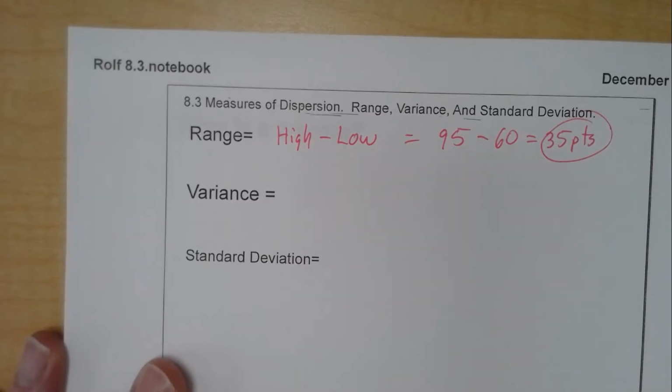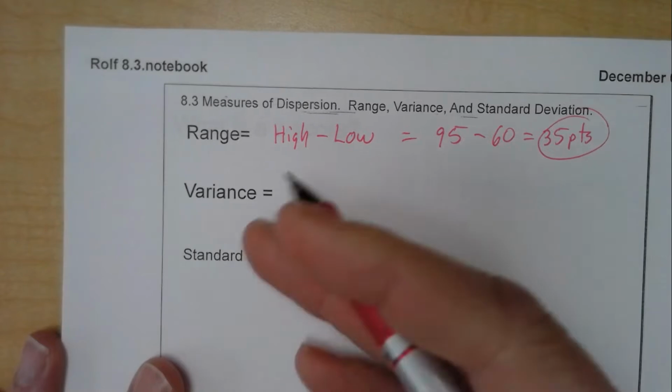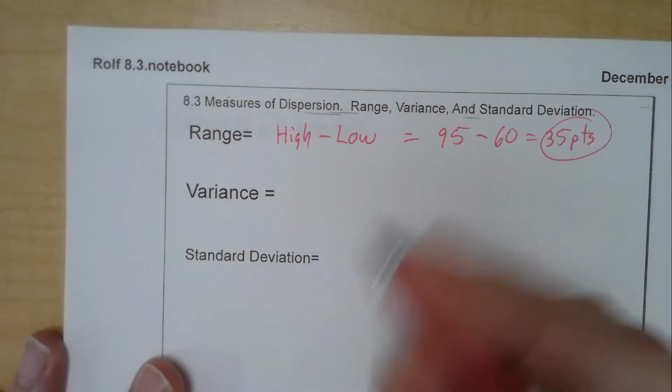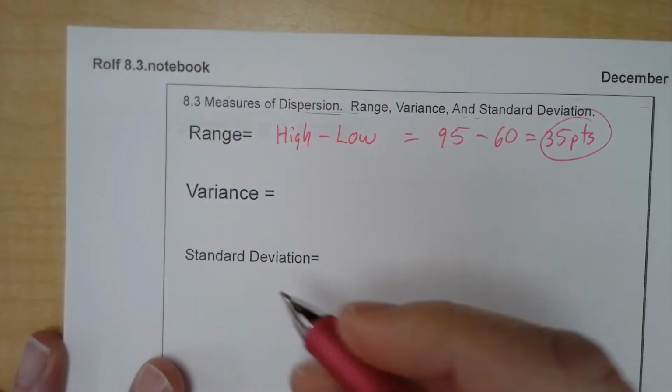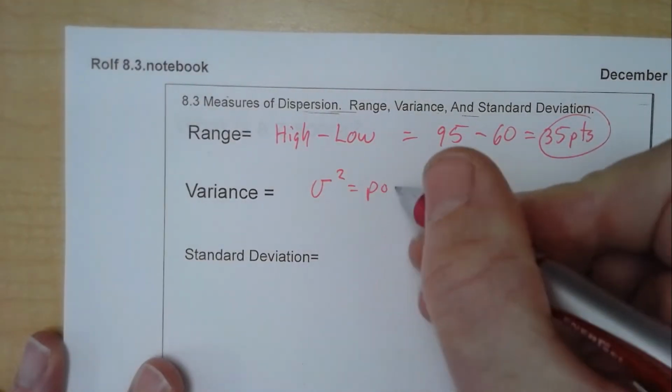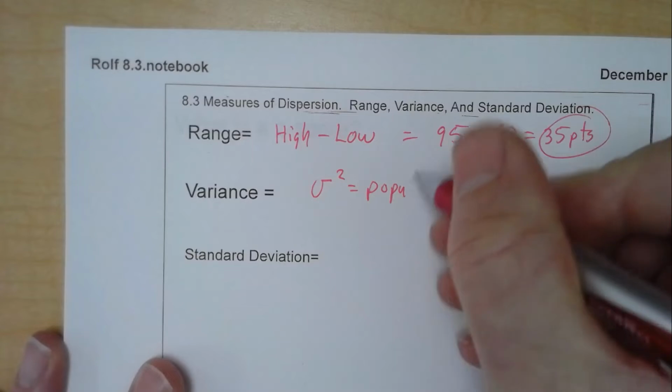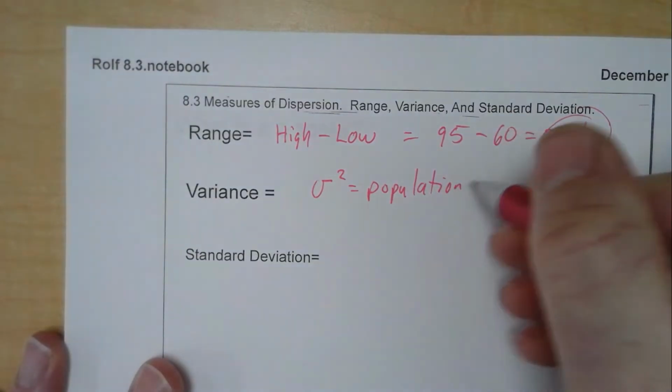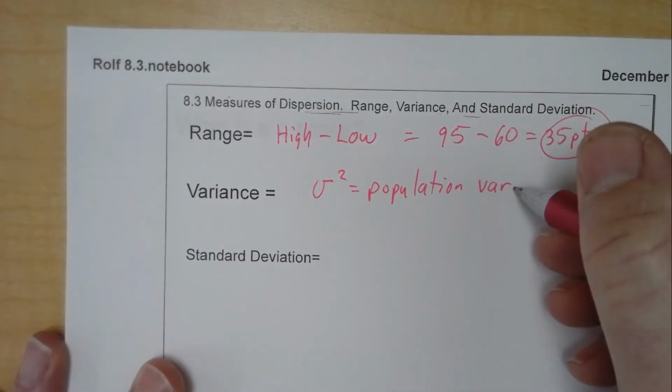Okay, variance. We talked about population. Population is the whole thing, every single person or every single thing, where a sample is just part of the population. So there are two variances. Sigma squared is the population variance. This is a measurement of how it spreads out, and I'll show you how to calculate it in a minute.